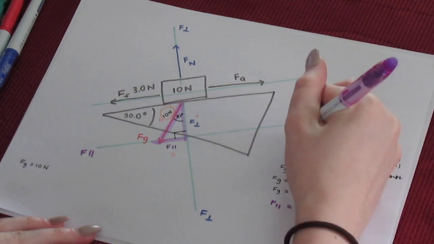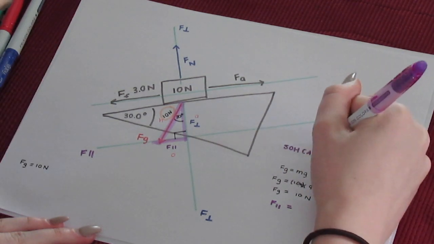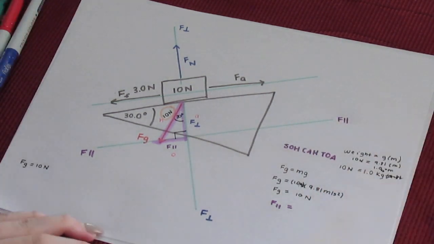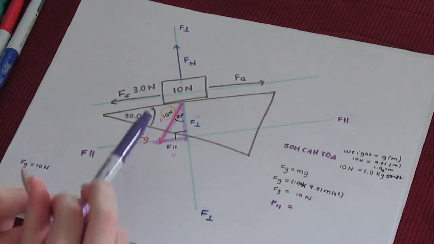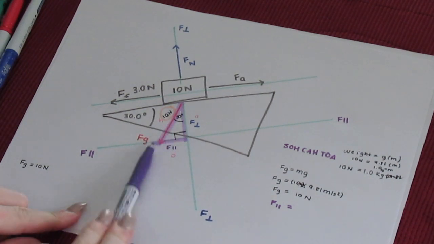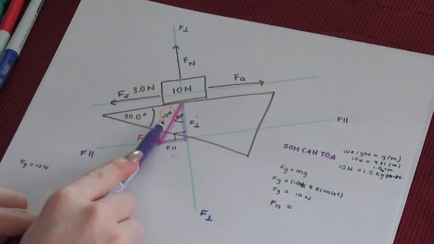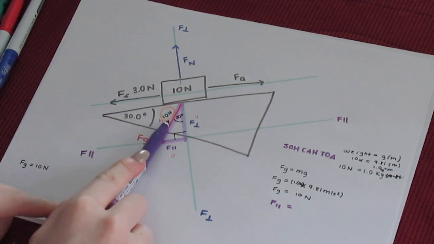We'll write SOHCAHTOA over here, so that'll help us out when we do the problem. We need to find the force parallel, so we have to find this side, and we have this side already. So we'll use opposite over hypotenuse.